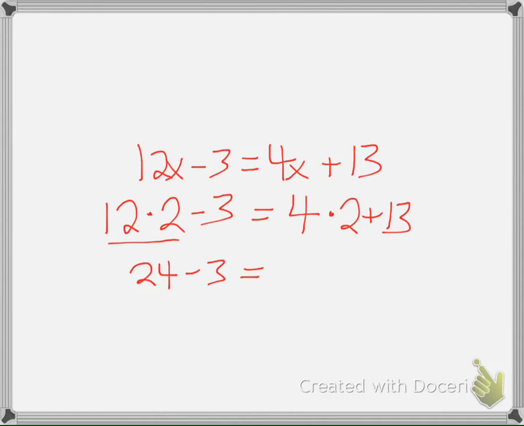And on this side, I have to do the multiplication. 4 times 2 is 8, so I have 8 plus 13. 24 minus 3 gives me 21, and 8 plus 13 gives me 21. So the two sides do in fact come out equal if I let x be 2, which means my solution is x equals 2, right?